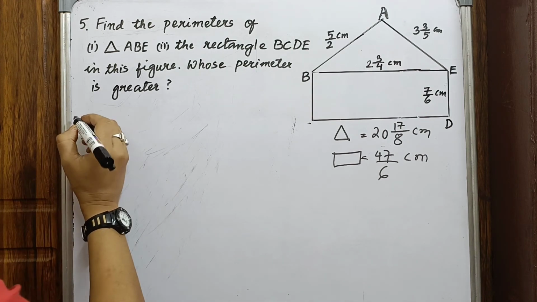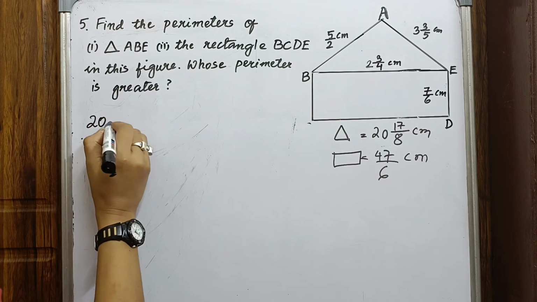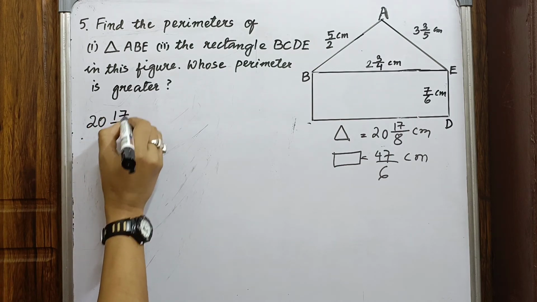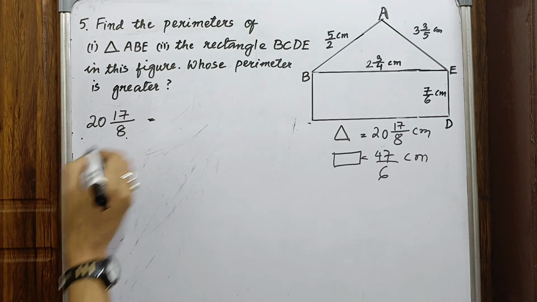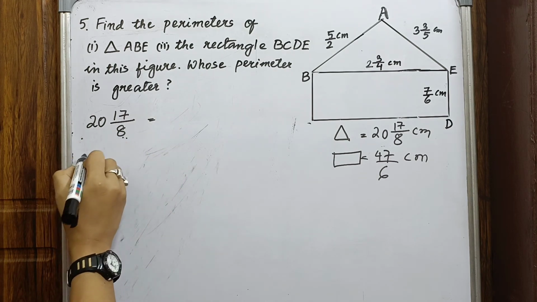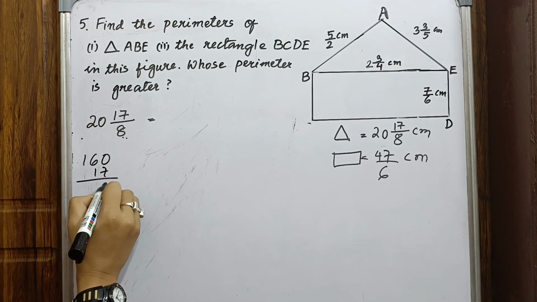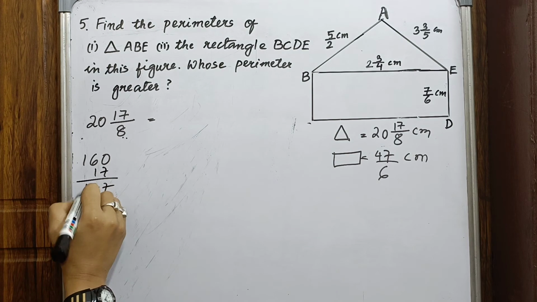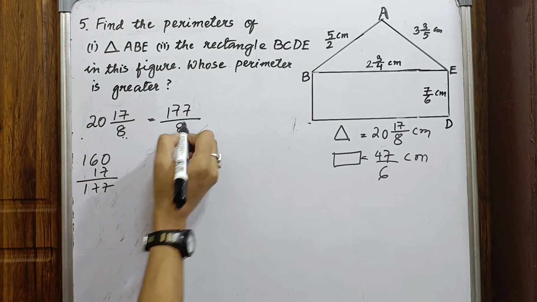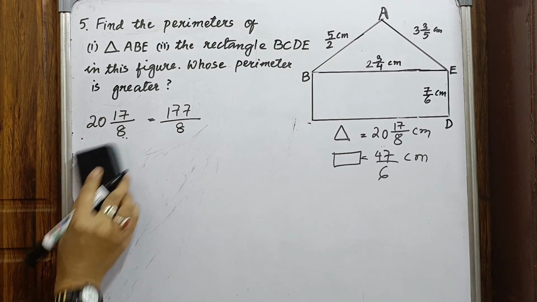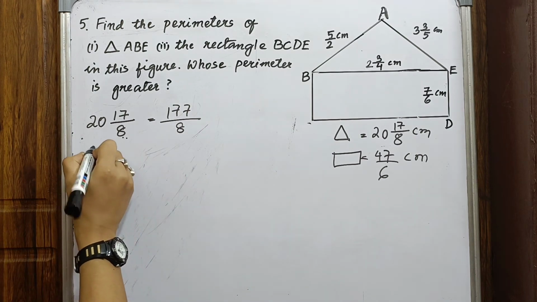So for the triangle you got 2017 by 8, which is 20 into 8 is 160 plus 17, 177 by 8, and this one is 47.